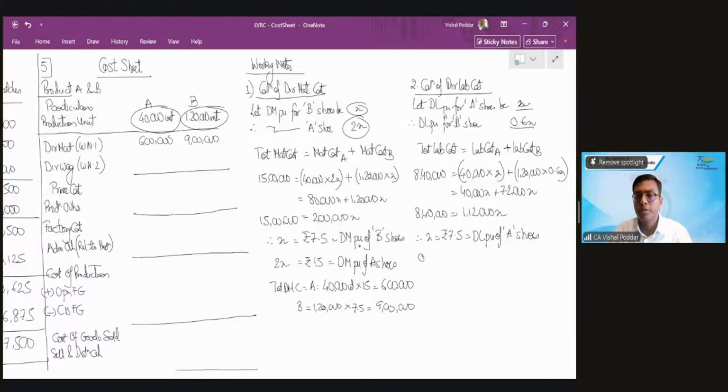And then 0.6x will be how much? It will be 4.5, which will be direct labor per unit of B type shoe. Total direct labor cost for A, 40,000 units of A into 7.5, and similarly for B, 1,20,000 units, 4.5, correct?